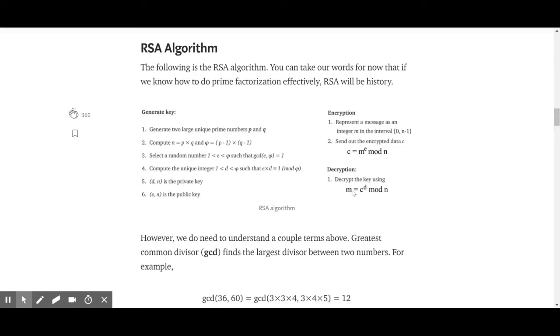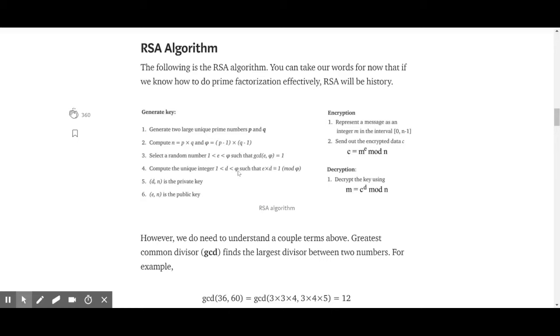The decryption is that you take the ciphertext to the power of d modulo n. This gives you m. Because e is part of the public key and n is part of the public key, you can decrypt c. So this kind of makes sense.